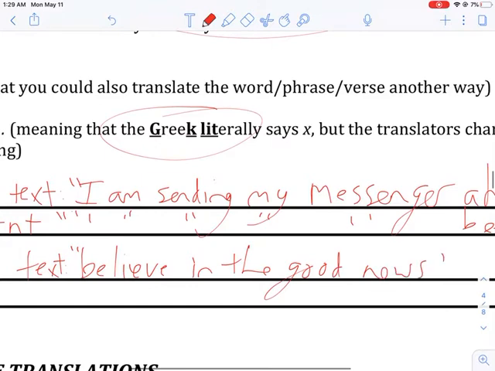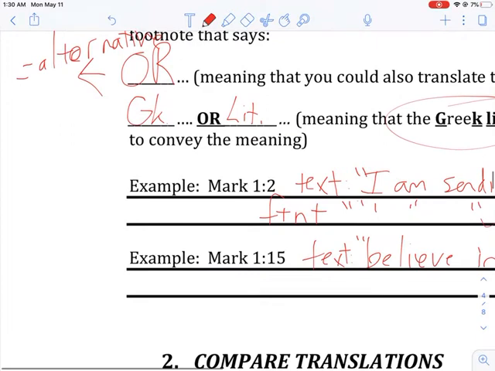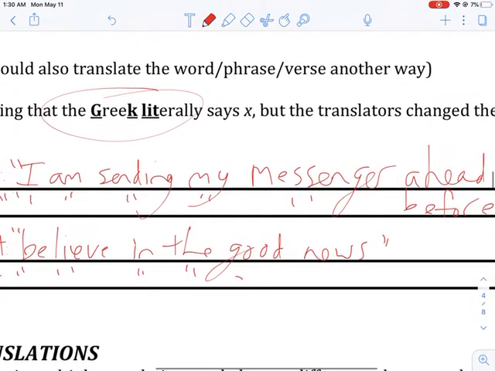However, it would be just as fine to write, again, this is an alternative translation, meaning it could be this or that. Again, this is called a literal Greek translation. The second example. And the footnote says, believe in the gospel. So in Greek, it's only one word, but you could translate that word to mean good news, the good news.